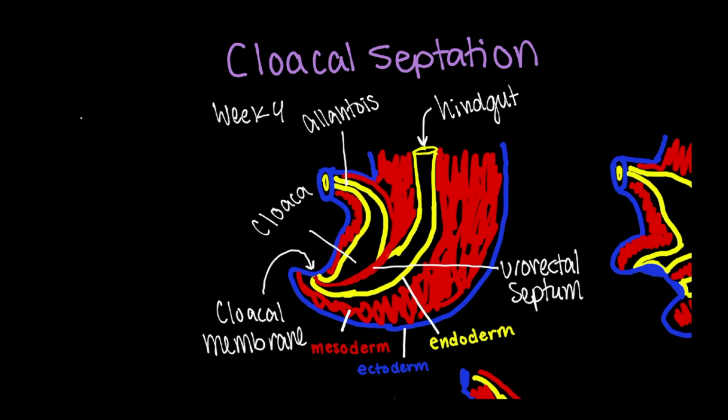And the function of the urorectal septum is essentially to separate this cloaca into an anterior chamber and a posterior chamber. And this occurs between weeks 4 through 6, with septation completing weeks 6 through 7.